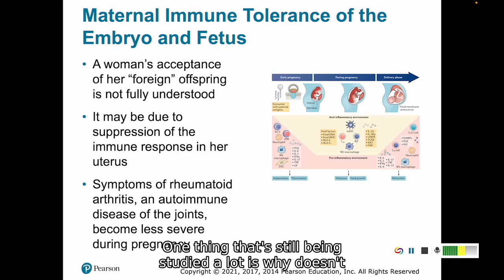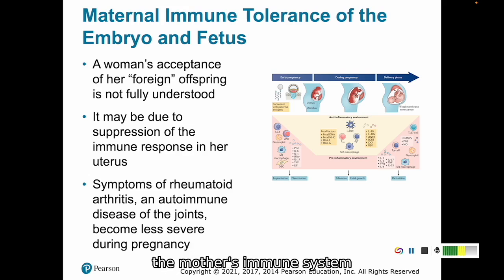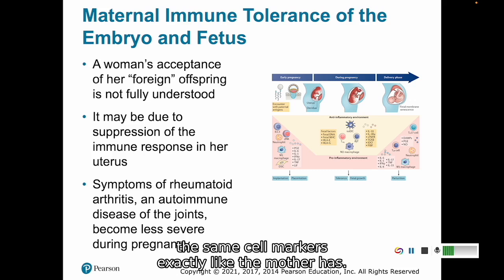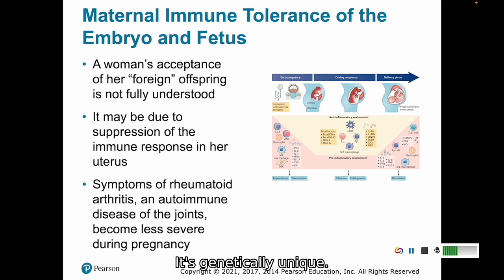Okay, one thing that's still being studied a lot is why doesn't the mother's immune system destroy a developing embryo or fetus? The embryo, the fetus, is a foreign object in the mother's body. It doesn't have the same genetics, the same cell markers exactly like the mother has. It's genetically unique. So the body should recognize it as foreign.